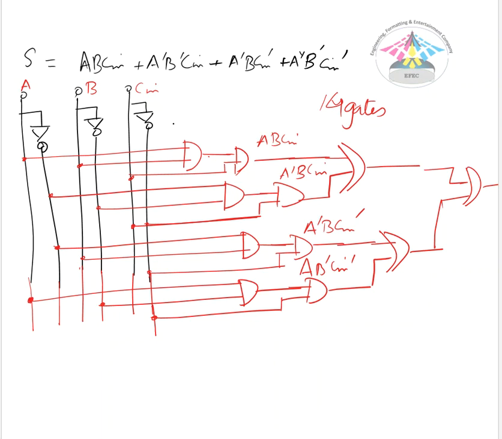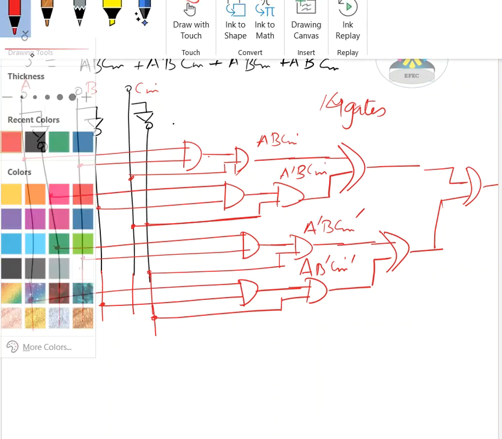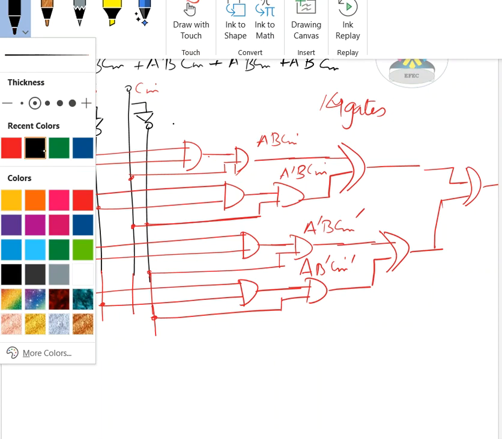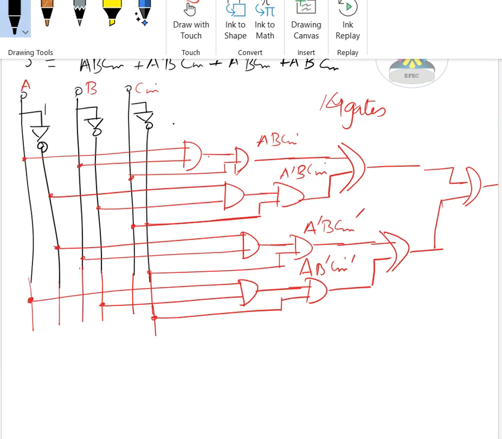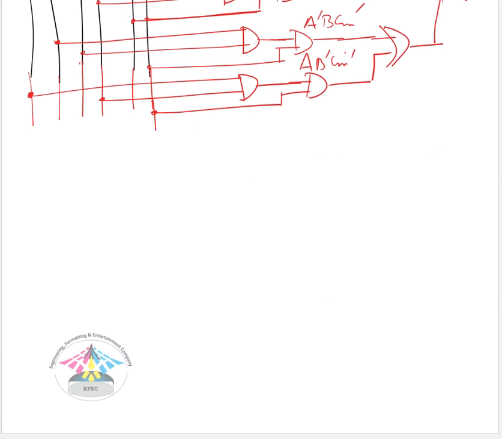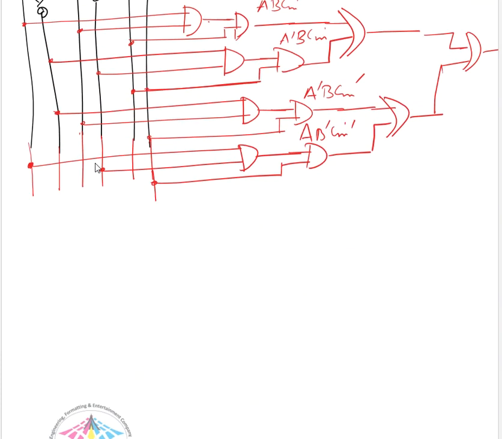Now let's talk about the second type of implementation, which is about the form that we had derived. So it was in fact S is equal to (A plus B plus Cn) into C out plus A, B, and Cn.